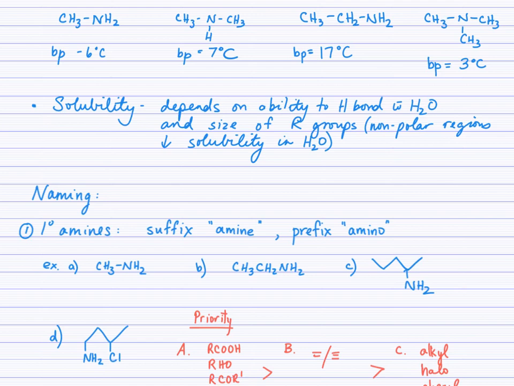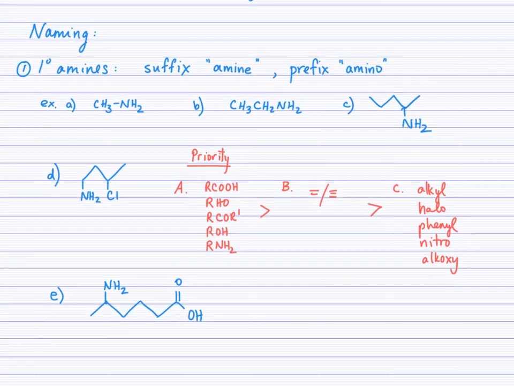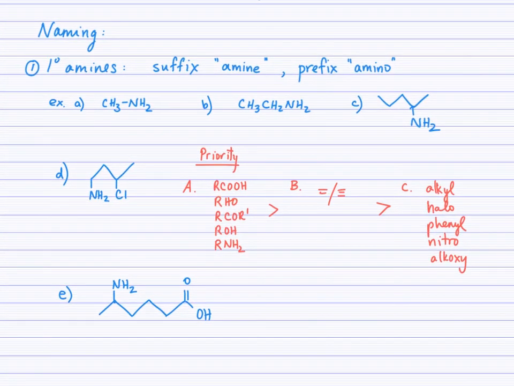Okay, naming of amines. Now, this is a little tricky, so I think it's worth separating the compounds into primary, secondary, and tertiary amines. So I've gone through about 5 examples here for the primary amines. This does follow similarly to alcohols, aldehydes, carboxylic acids, and so on, where we wrote the name of the parent alkane, dropped the E, and added the suffix to the name.